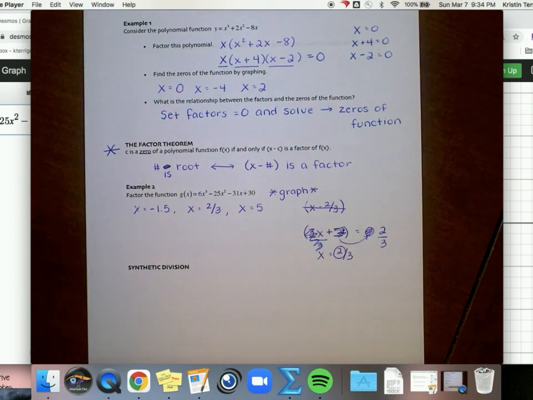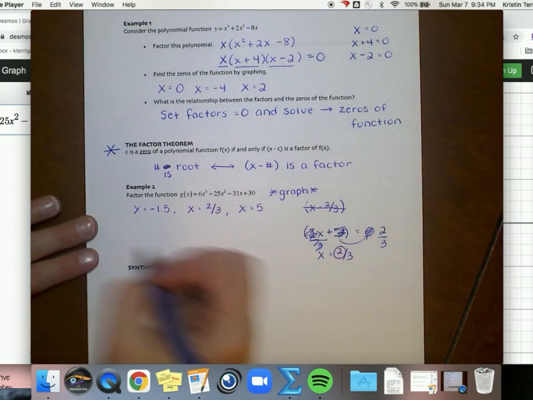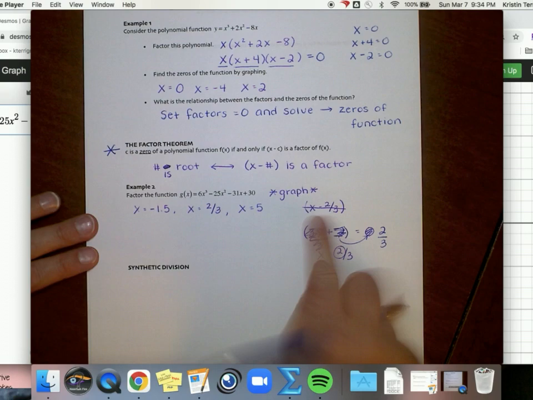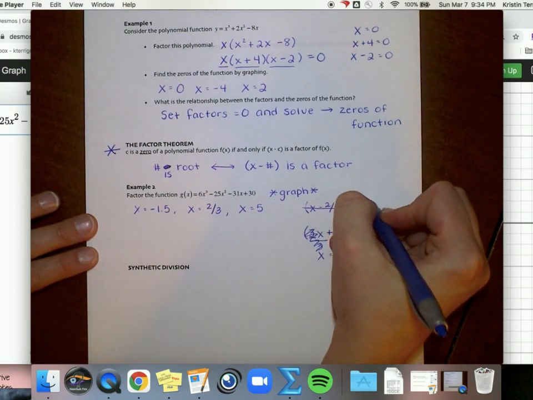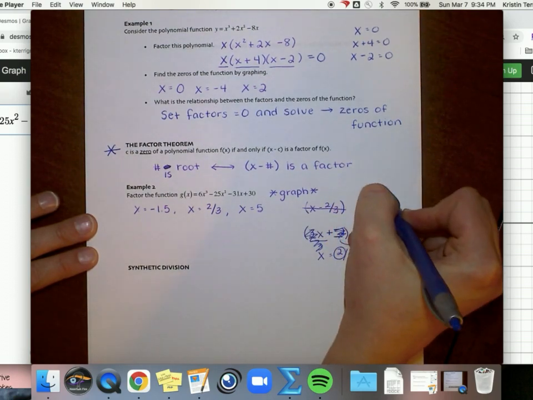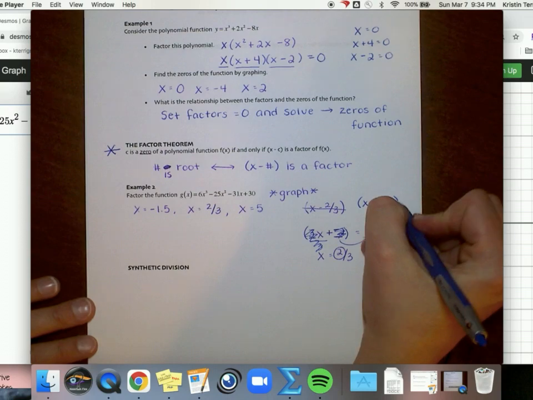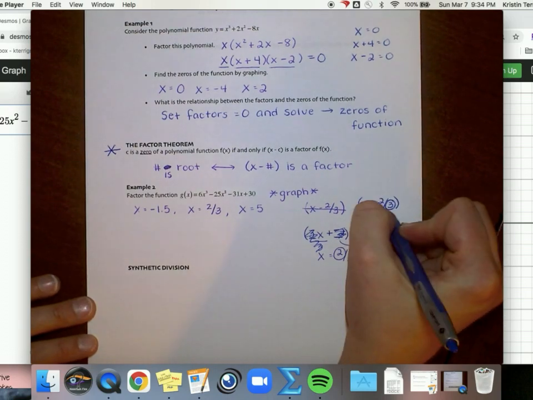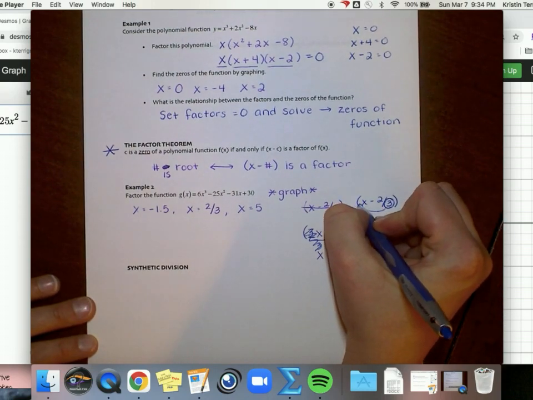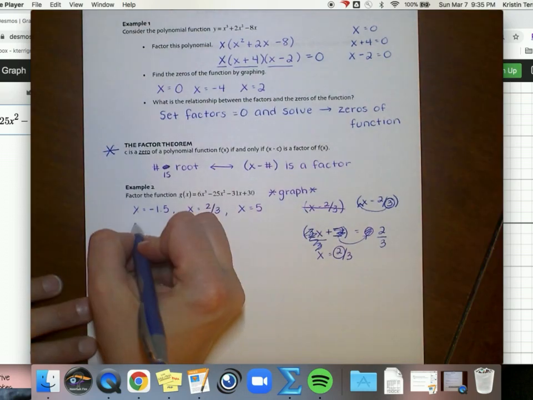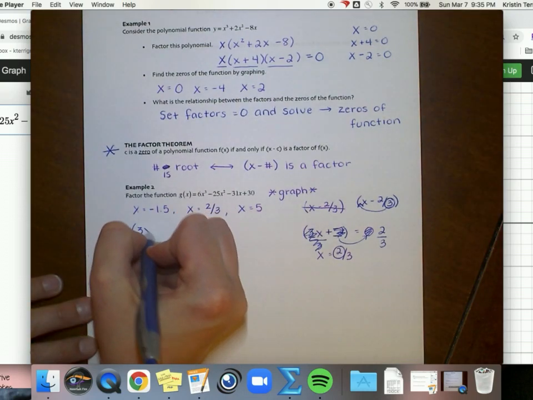So all of those scribbles, and I'm sorry I just made a mess of our paper here, are to tell us that if we want the factor x minus 2/3, I'm going to rewrite that because I wish I wouldn't have scribbled it out now. If I want this factor x equals 2/3, but I want it using integers, I can just take this denominator and slide it over here in front of the x, okay, and make it a 3x minus 2.